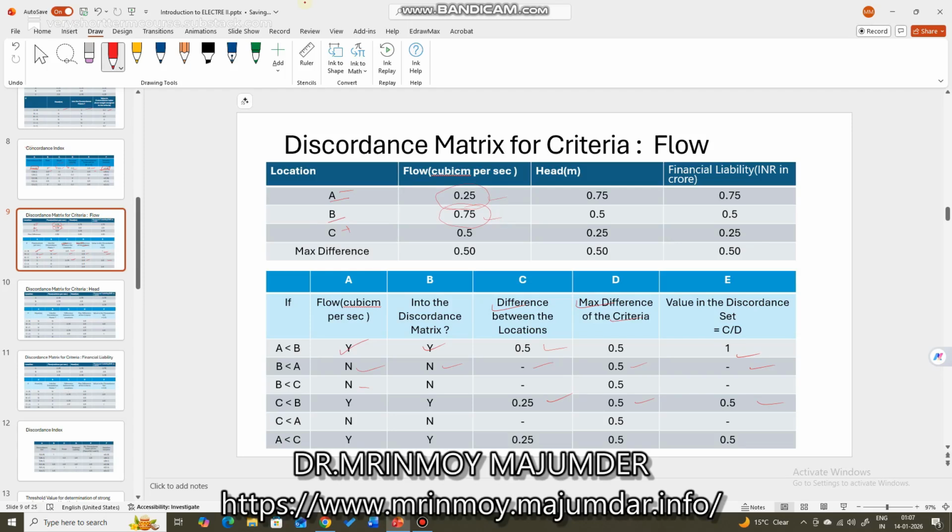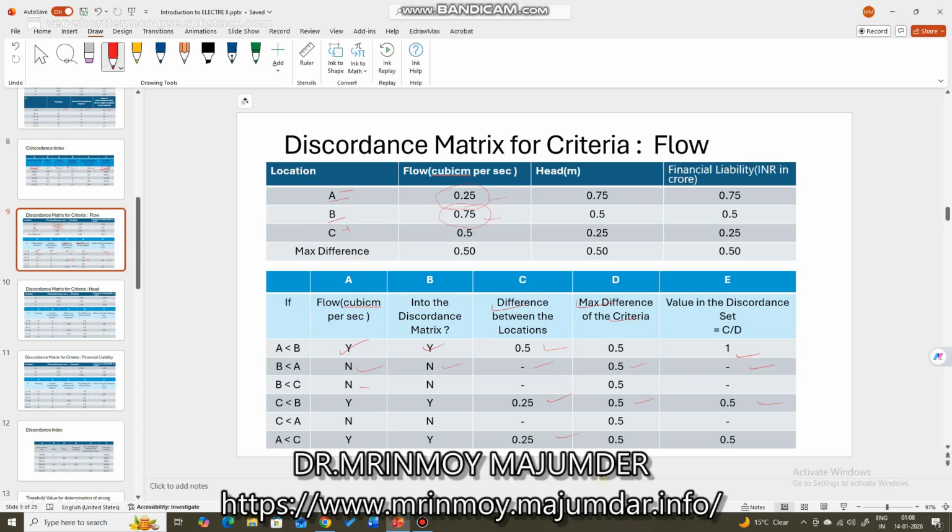Next is A less than C, so the same thing applies, right? The difference between the locations you need to calculate for flow. A minus C, it is 0.25. The maximum difference for a criteria is always a single value, so for this criteria, it is 0.5.